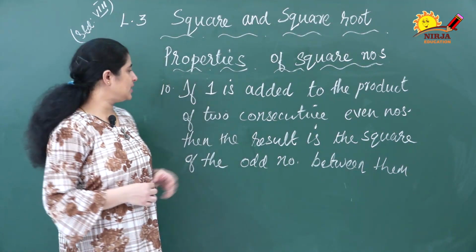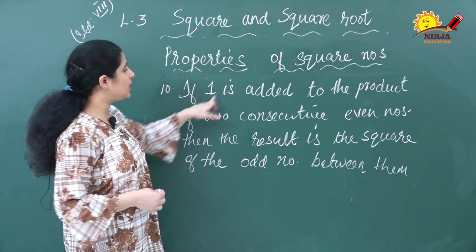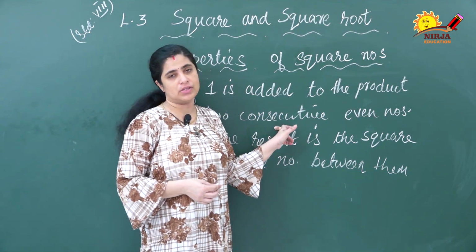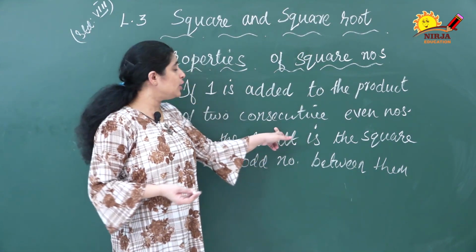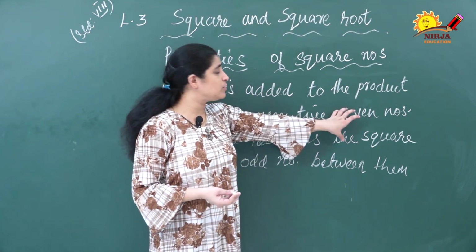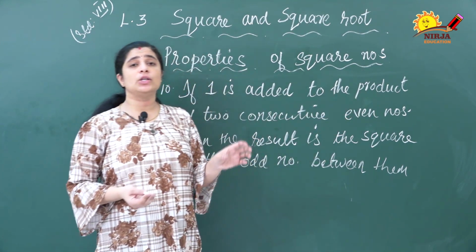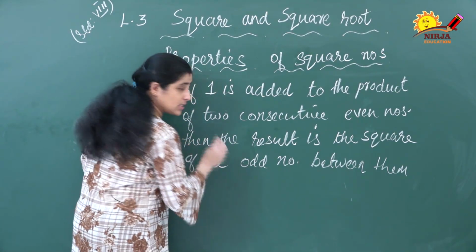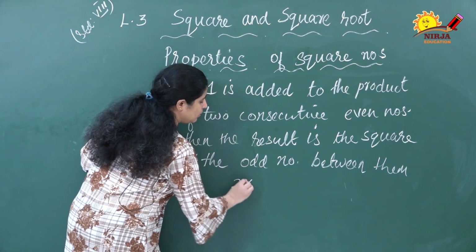The next property is like the previous one. If 1 is added to the product of two consecutive even numbers. In the previous case, we told that if 1 is added to the product of two consecutive odd numbers, here you have to multiply two consecutive even numbers. I am going to take two consecutive even numbers, 2 and 4.